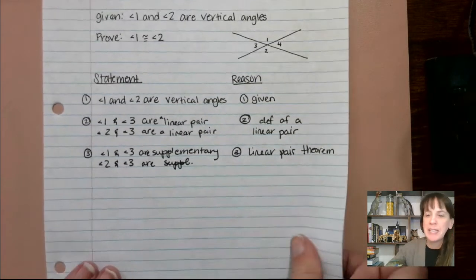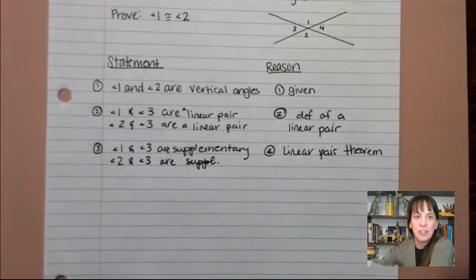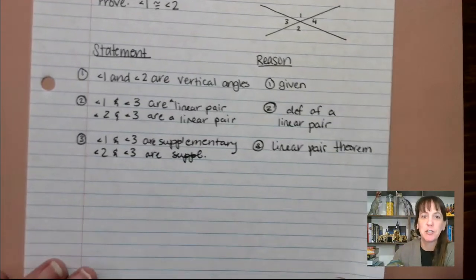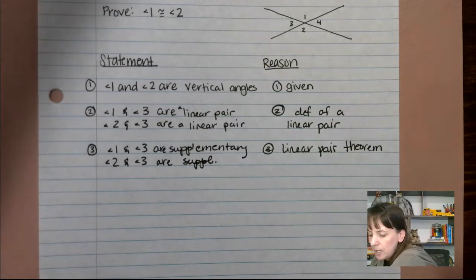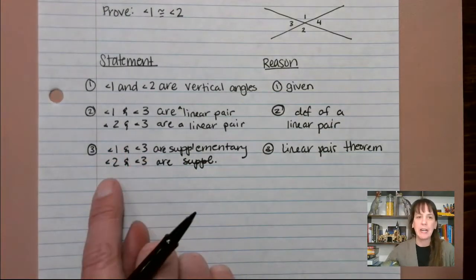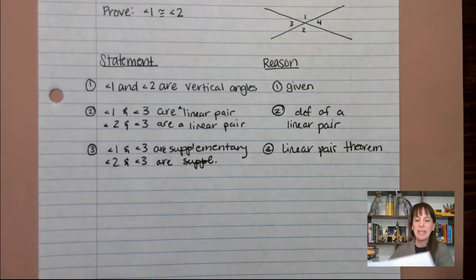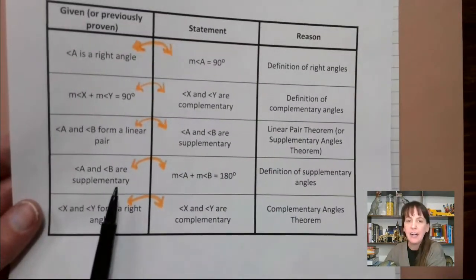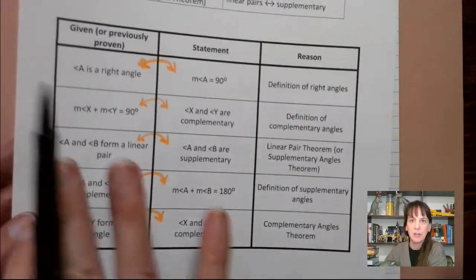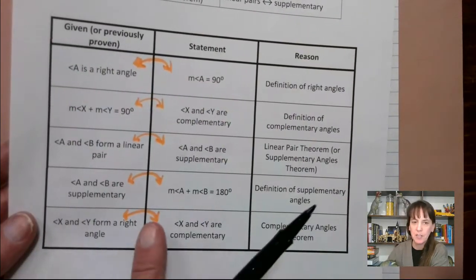Okay, so we now know that angle 1 and 3 are supplementary and angle 2 and 3 are supplementary. Now, because of that, we can now say that supplementary means 180 degrees. Remember, this is a chart we made in a previous video.